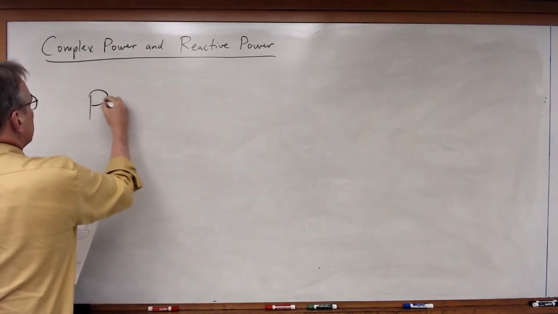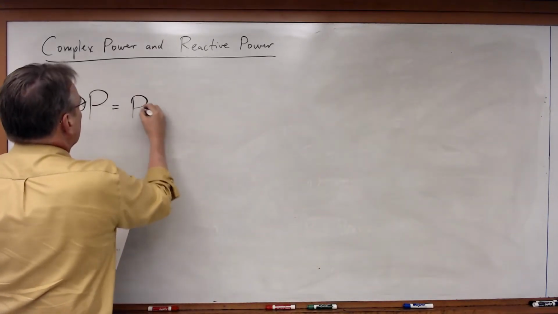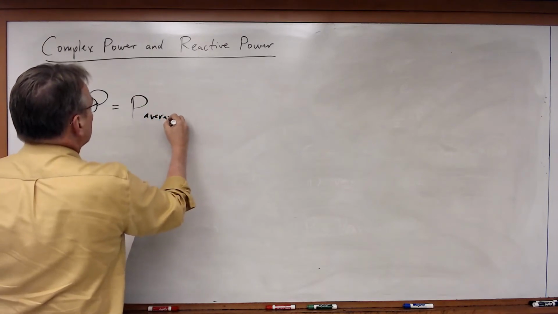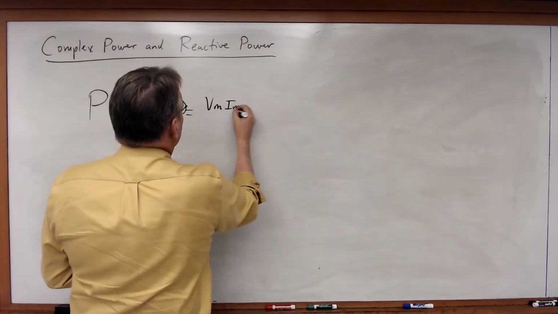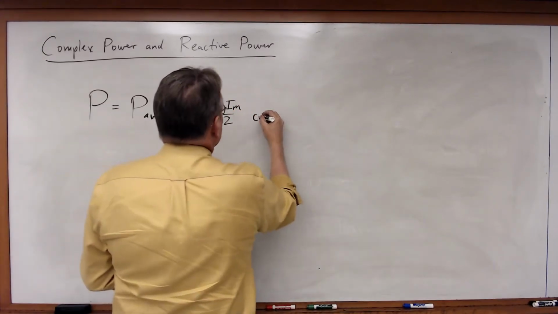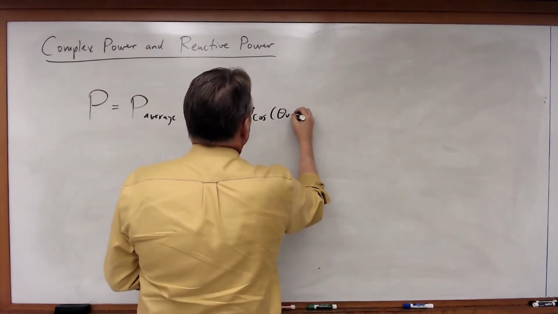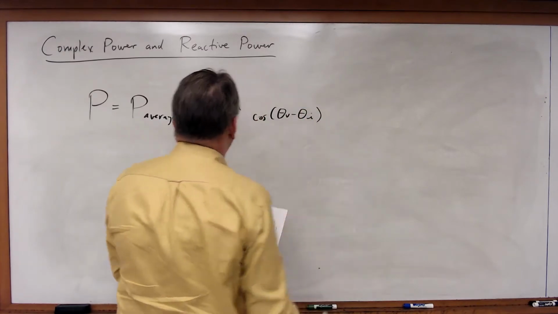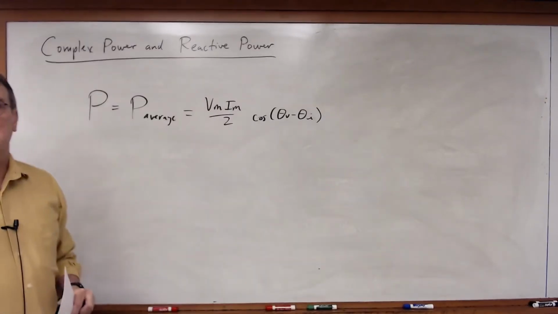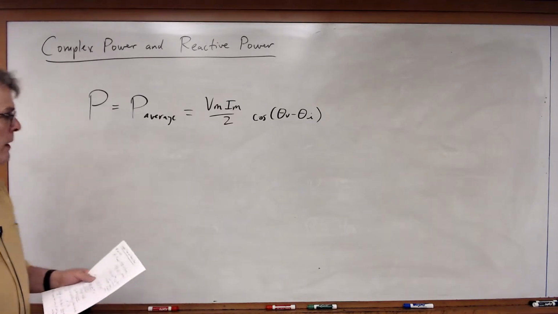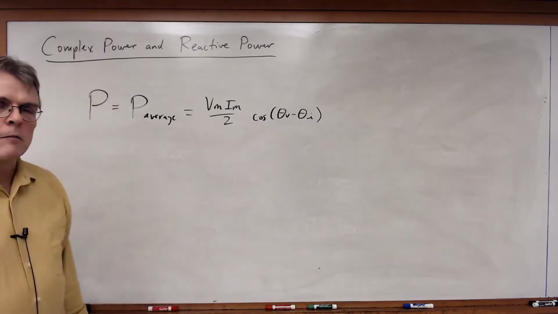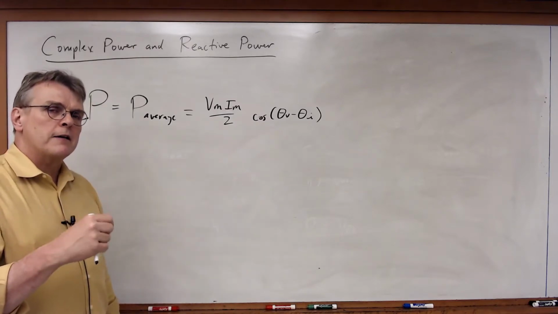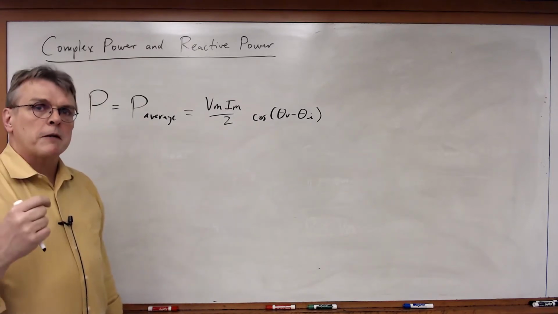We know that P, the average power, which we've already derived, is equal to Vm Im over 2 times cosine of theta sub V minus theta sub I. We derived this before. Well, this is a cosine term, and we can always think of the cosine as the real portion of a complex number.